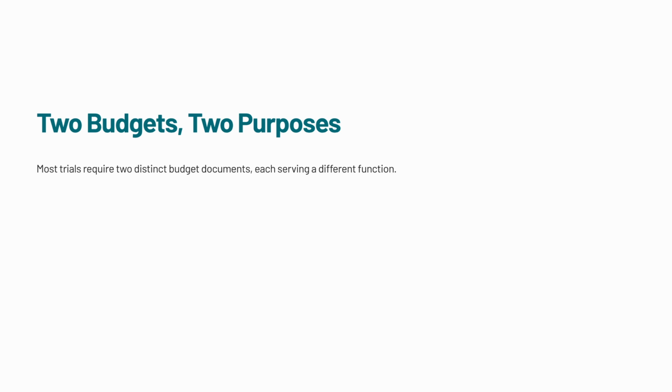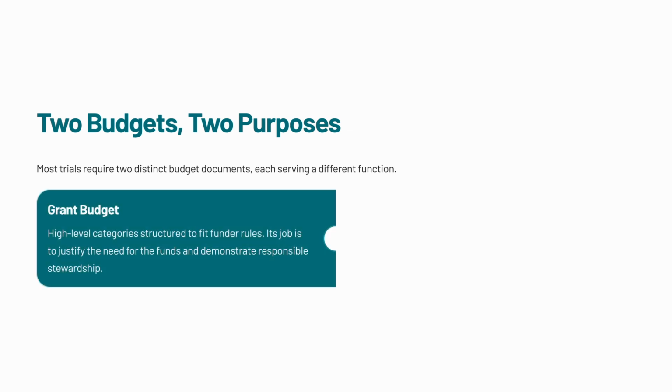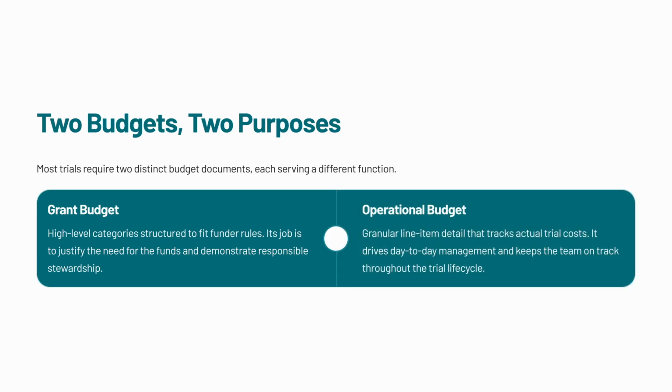Building on the idea that budgeting is part of trial design, it helps to separate 2 documents that often get mixed together. The grant budget is written for the funder. It uses broader categories, follows funder rules, and explains why the requested funds are needed. The operational budget is written for the trial team.